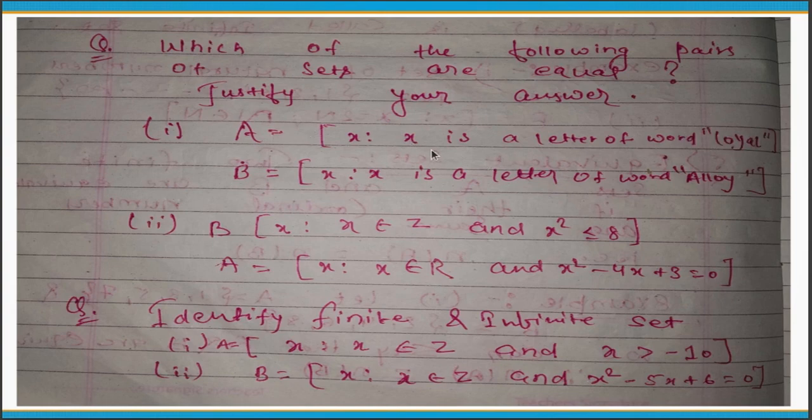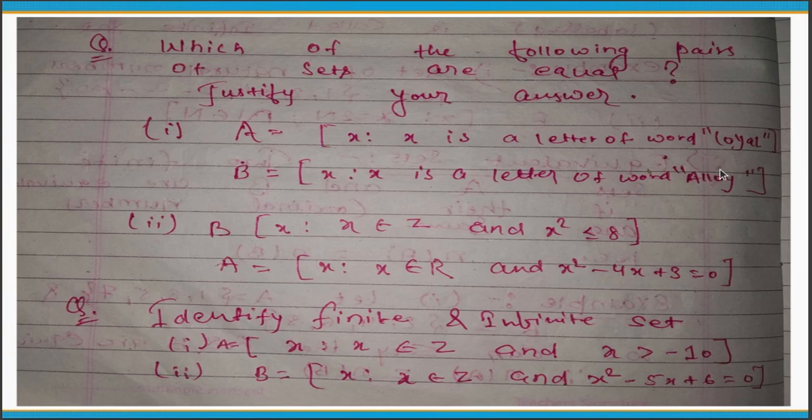Set A contains the letters of LOYAL, so the cardinal number of set A is 5 and the cardinal number of set B is 5. Now we can say that A and B are equivalent, but are they equal or not?